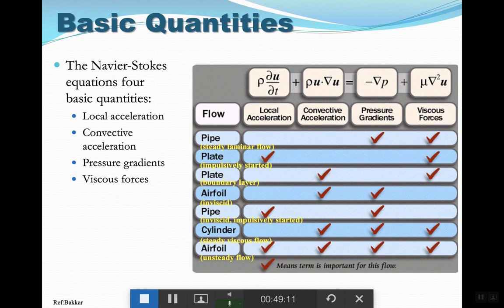But what I want from you is to understand what forces are included in your Navier-Stokes equation. And here is what we mean by flow classification.